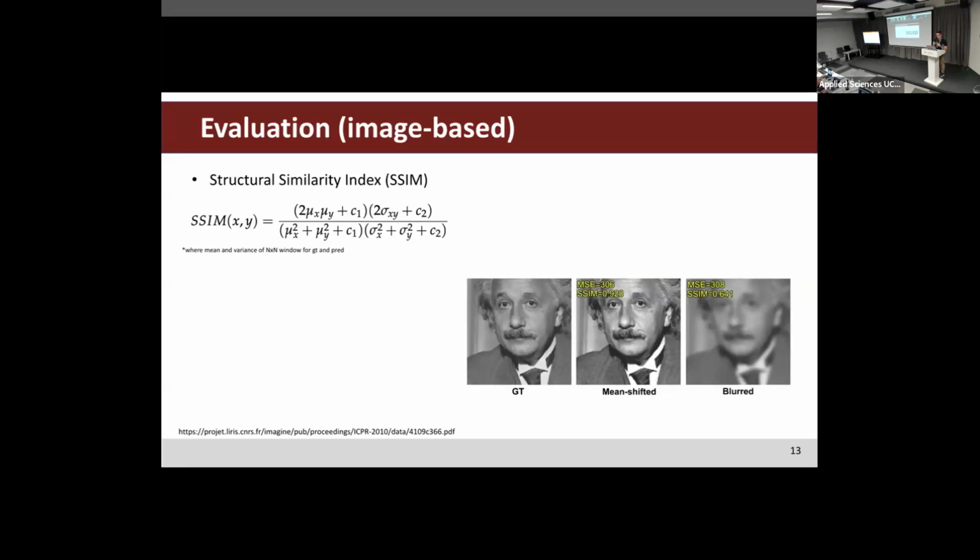And this metric clearly shows that changing light conditions still preserves this metric high, because the maximum value of SSIM is 1. So in the middle image, we clearly see that the structure is left the same, but on the right image, we see that the structure was corrupted by removing frequencies, and then this metric illustrates this.